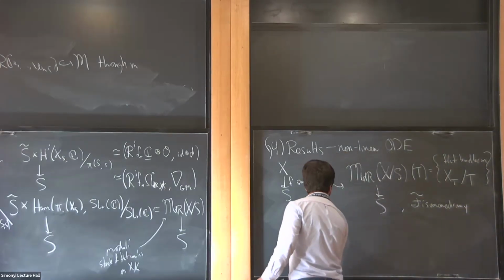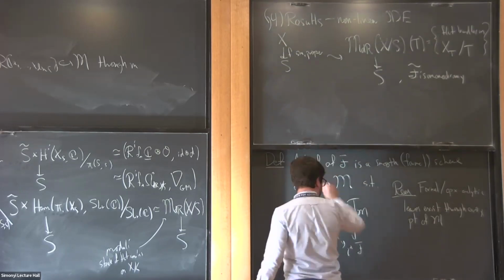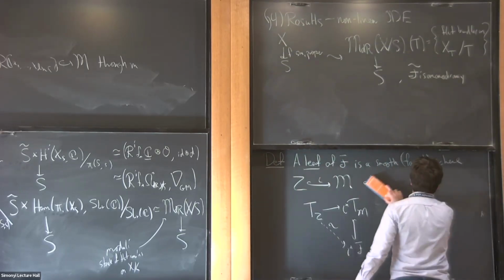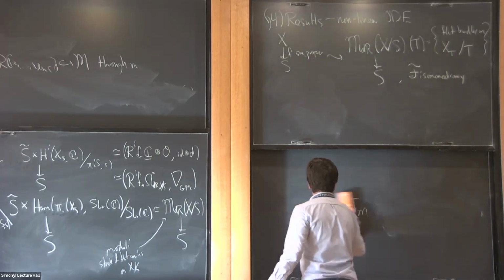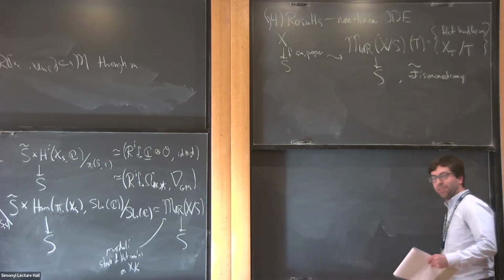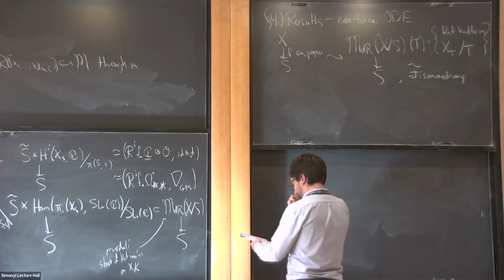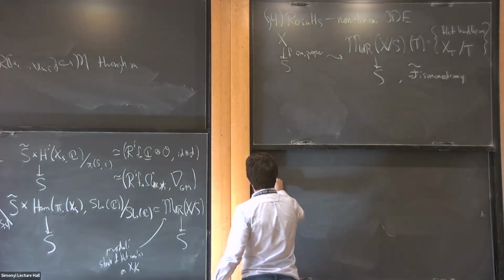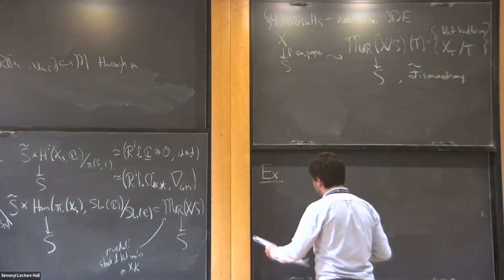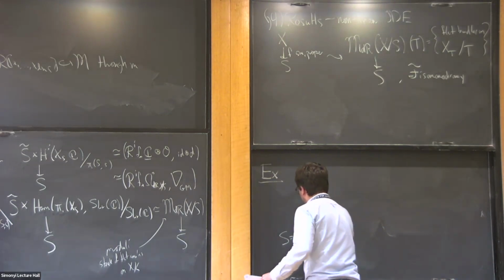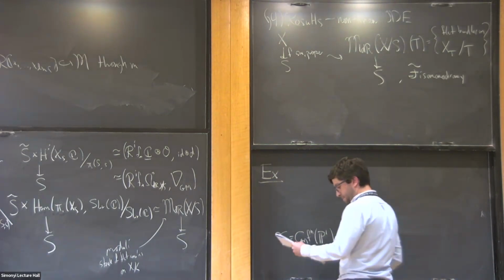Before stating the theorem, let me give you an example. Unfortunately, the easiest example to write down is one which does have a normal crossings divisor. So even though I've been telling you that I don't want to do that, I'm going to do it in this case. I want to take S to be the configuration space of n distinct points in P1.